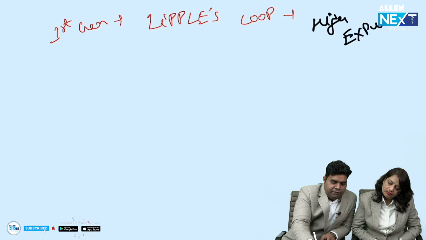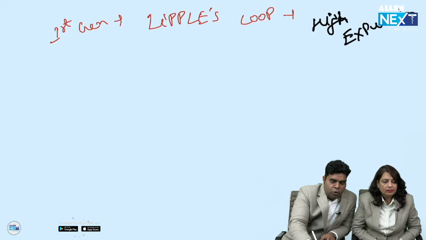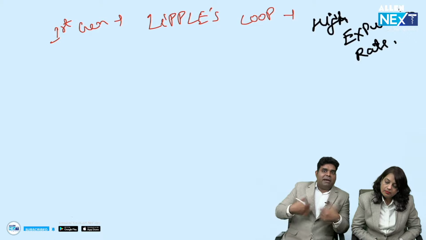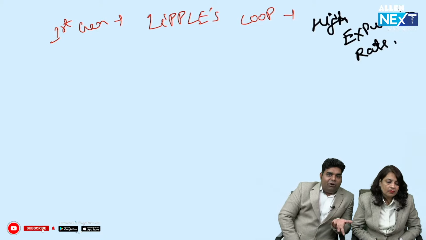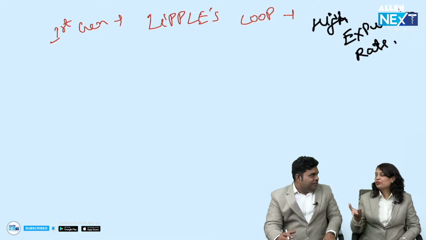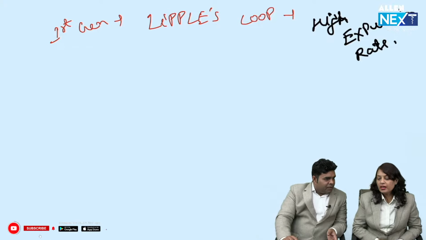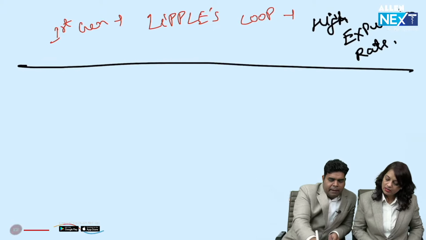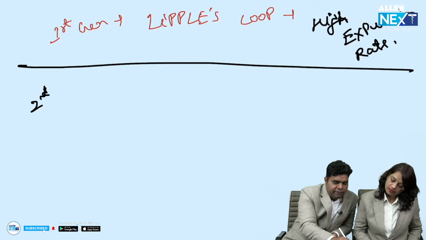So if Lippes loop is not there, then there can be pregnancy. And in pregnancy, we cannot do X-ray. So even if Lippes loop is not there, we cannot detect it by X-ray. Nowadays nobody asks questions on Lippes loop. It is obsolete.